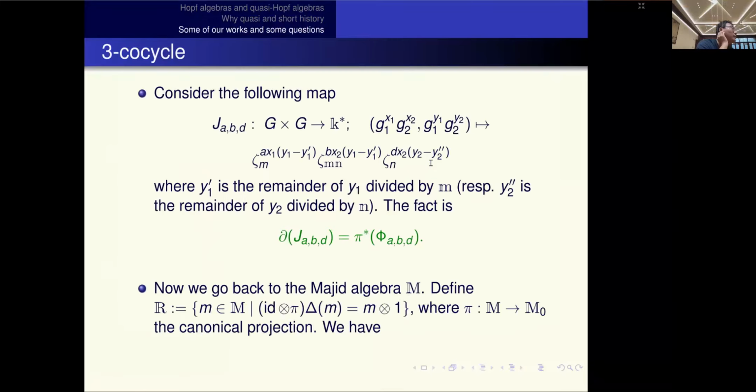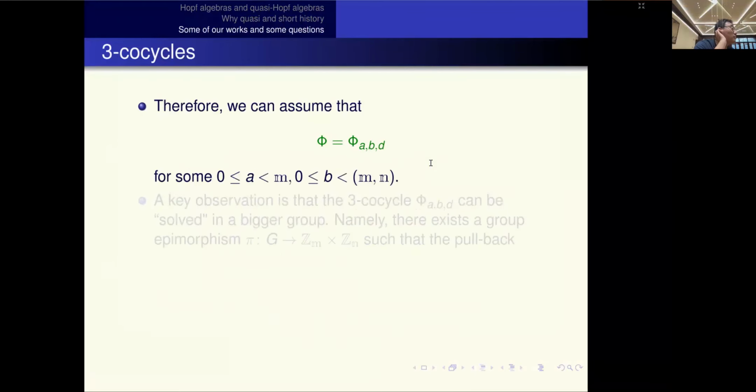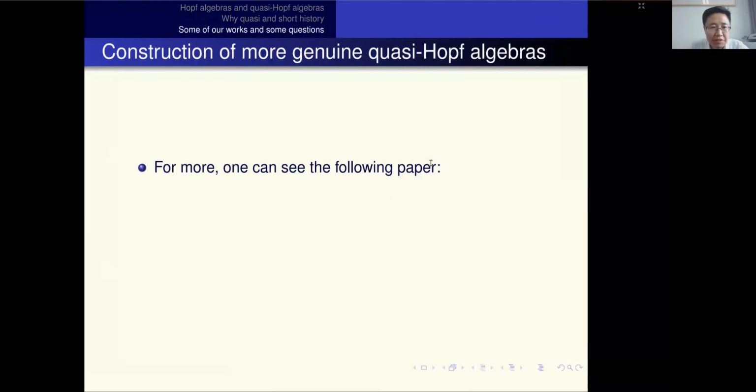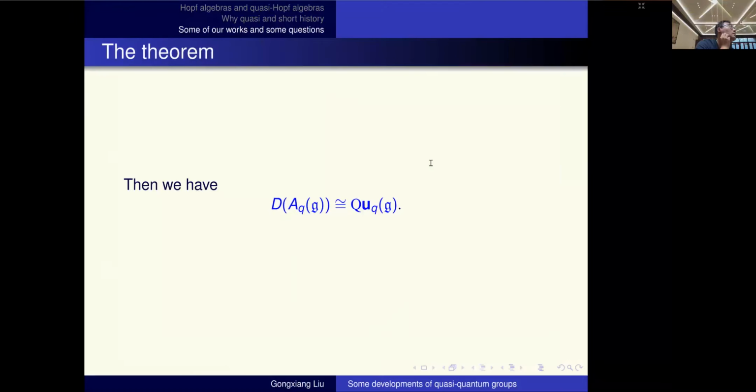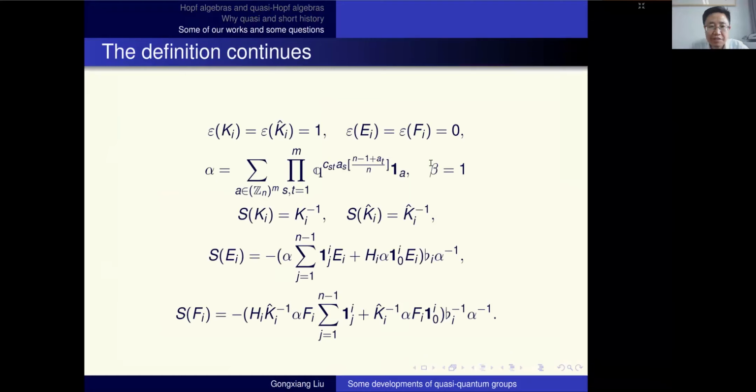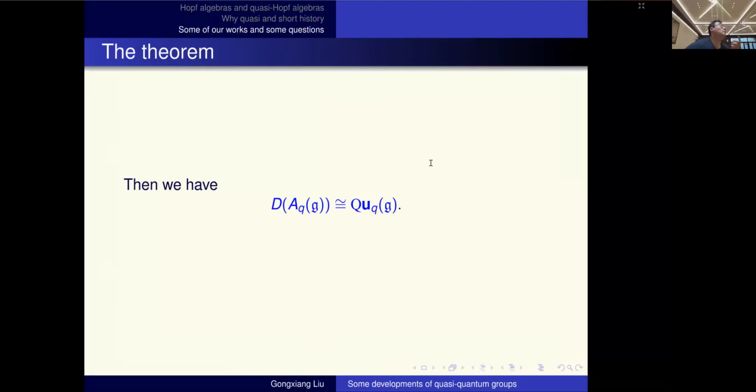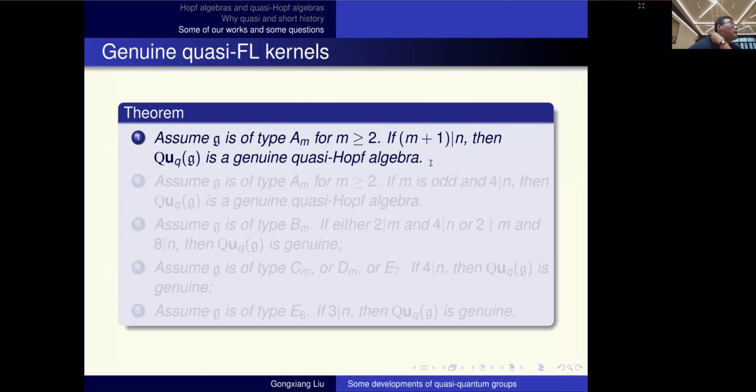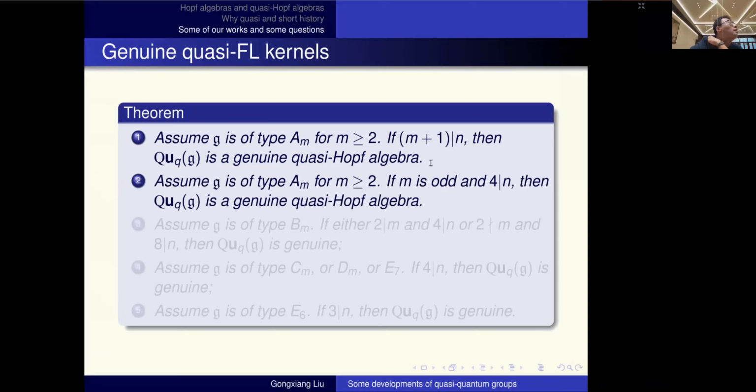The theorem that you have for general G. Let's look at the theorem, the genuine part, with m+1.